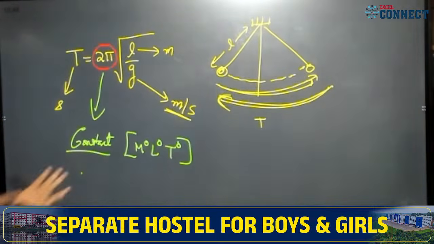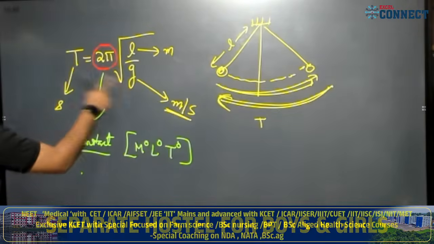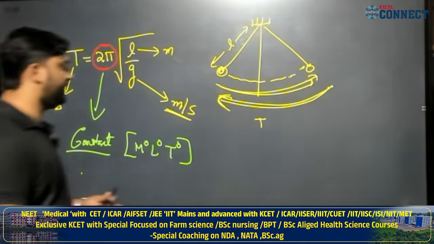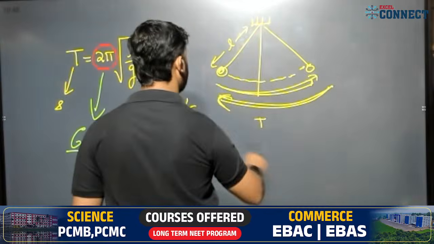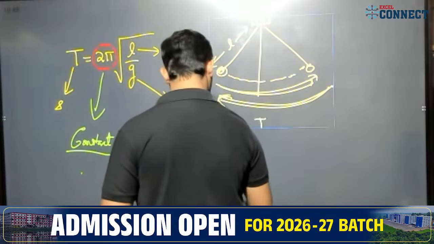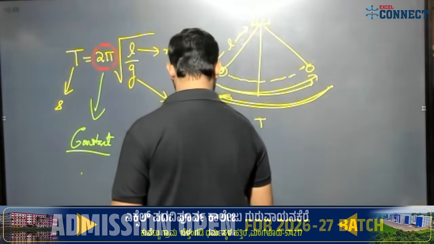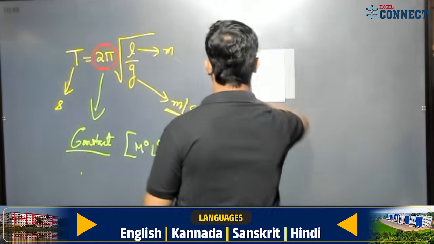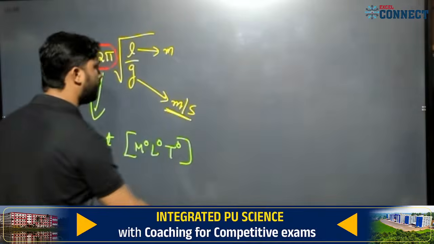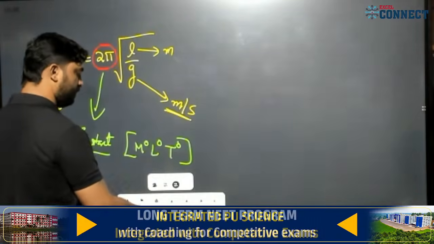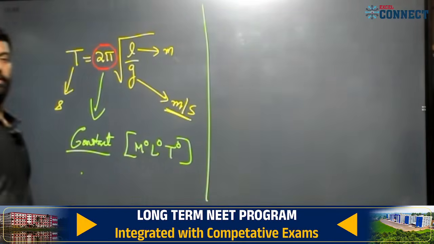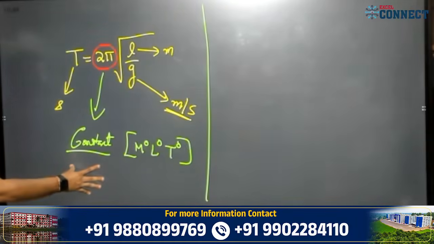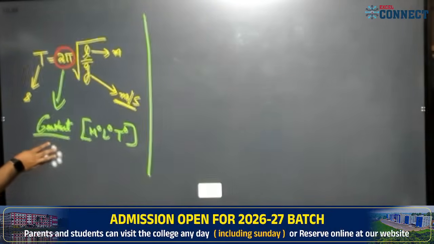Okay, so now let us find the dimension of G. Find the dimension of G. What is the formula?